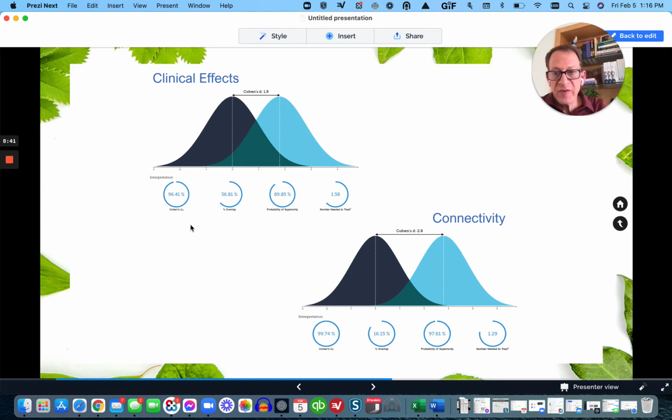In the clinical effects group, there's a 96.41% chance, way, way beyond statistical significance, showing that the efficacy of this treatment for these various conditions is very stable, both in terms of being able to alter connectivity in a therapeutic direction and being able to change their clinical symptoms to be less problematic in their lives.